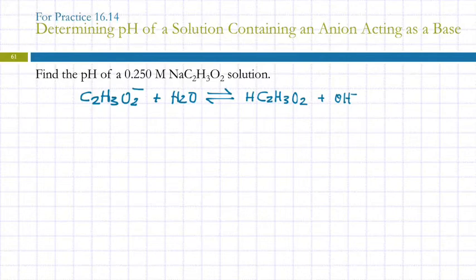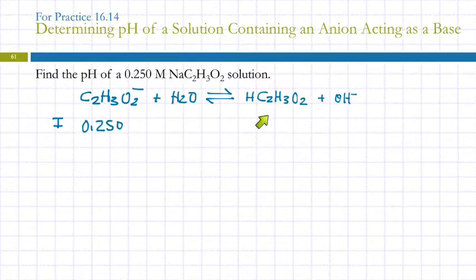So what are our initial concentrations here? What's the initial concentration of acetate ion? 0.250. This is a soluble ionic compound. It completely dissociates, and so the concentration of the acetate is the same, 0.250. Water is a liquid. We don't have to worry about it.